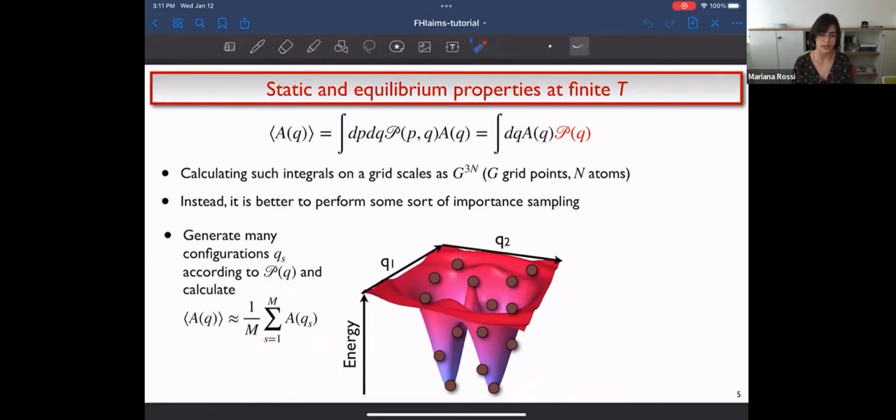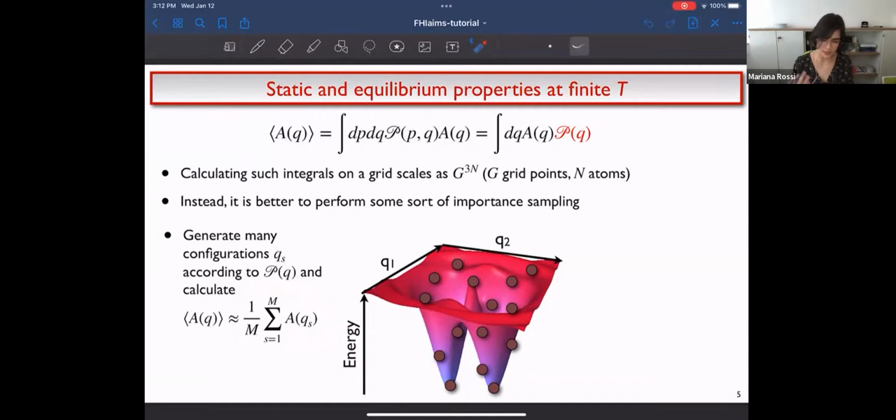What is nice is that because you'll be sampling according to this probability, you'll have a lot more points where it's more important to sample, and a lot fewer points where it's not important, and you hope that you converge quickly with the number of points in this expression.